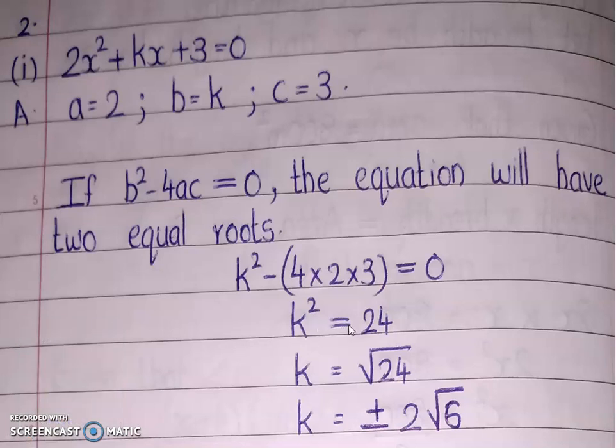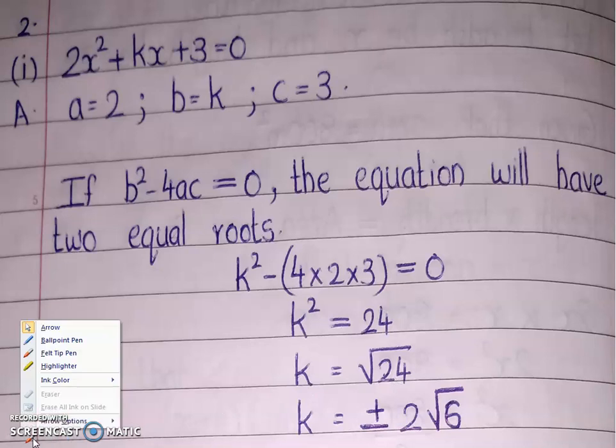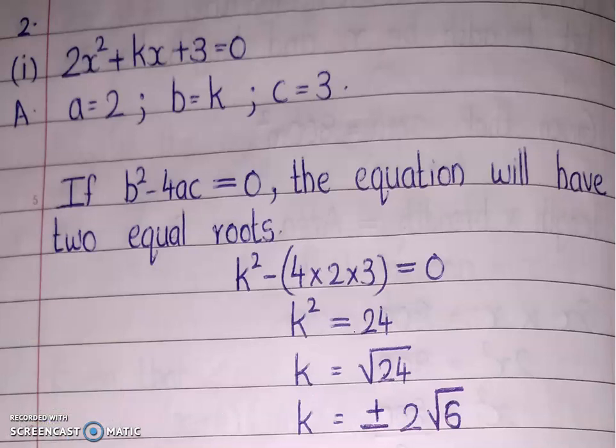K square is equal to 24. K is equal to root of 24. Here also the same thing happened, children. That is root 24. I can write it as root 4 into 6.